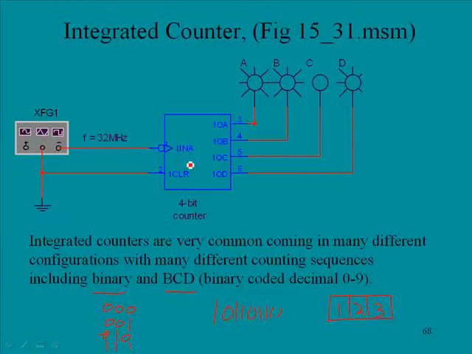So rather than having this long circuit with 20 or 30 flip-flops and AND gates and OR gates and whatever, you just simply have an integrated chip that does the same thing. You don't see all of the flip-flops, but you just plug it in, and in this case here we have a signal generator input, and then our outputs here are simply in this case the 4 bits.